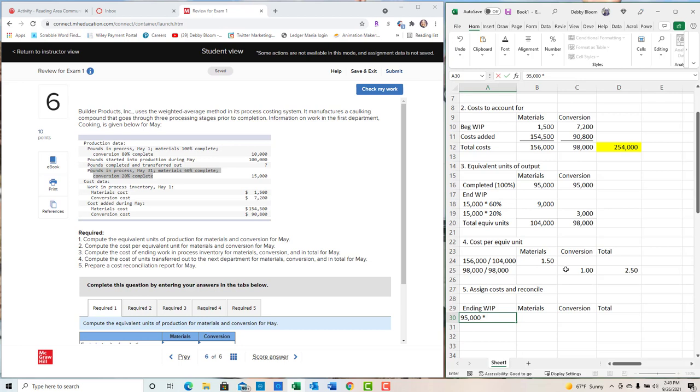The units completed have 95,000 materials units, and 1 materials unit costs $1.50.